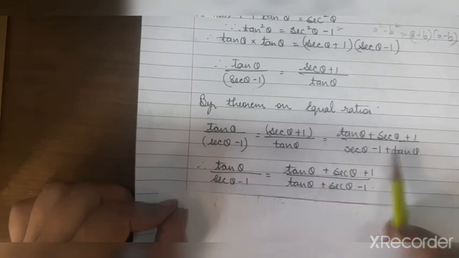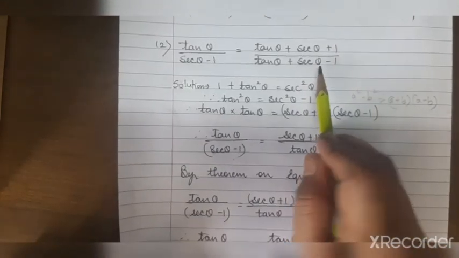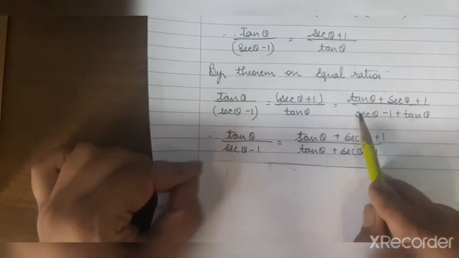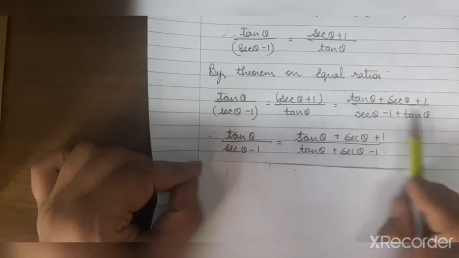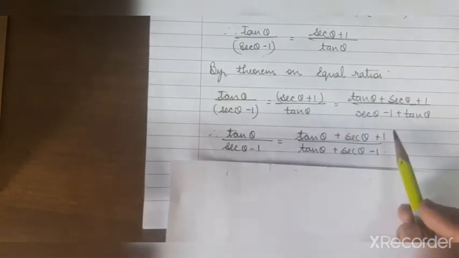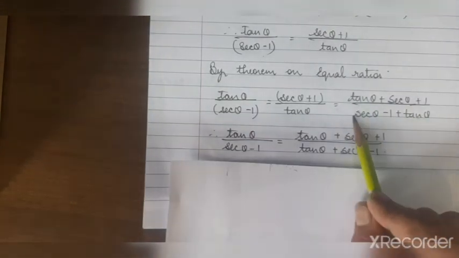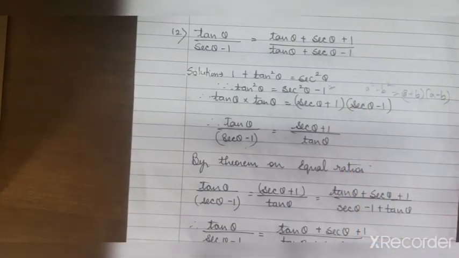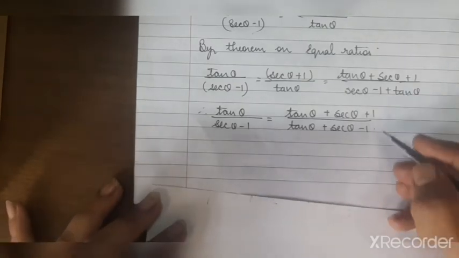Now we have just interchanged it, so that we reach this. It is written as tan theta plus sec theta minus 1. We have just interchanged it, but you can see the signs are the same. So that we reach what is asked, and therefore this is proved.